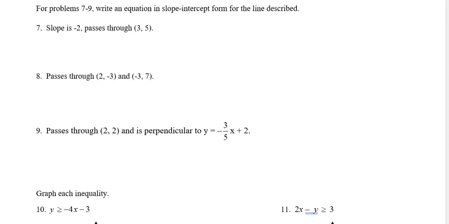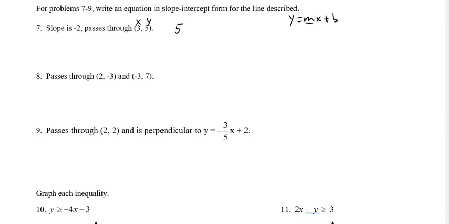Number 7, this is a review of our first test. So all of these are going to be y equals mx plus b equations. For number 7, I'm told that the slope is -2, so I'm going to put -2 in place of m. And then by giving me these other points, I can plug those in for x and y, so that's going to help me find out what b is.